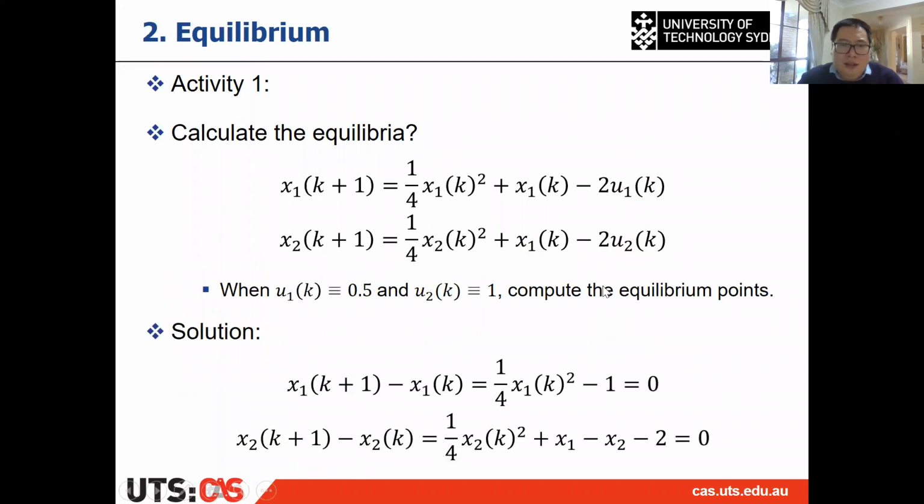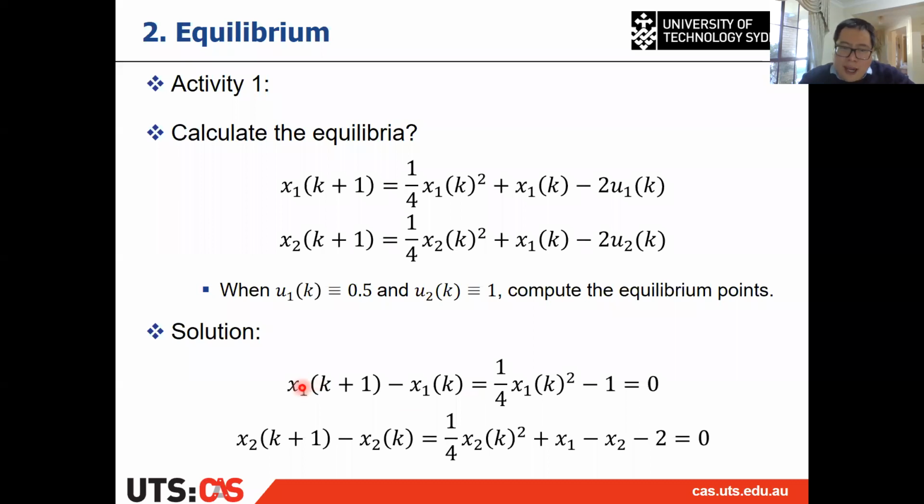That's the first step. And then the second step is you also need to formulate x_{k+1} minus x equal to 0. In this case, we have two functions and two variables, so we can get two equations.